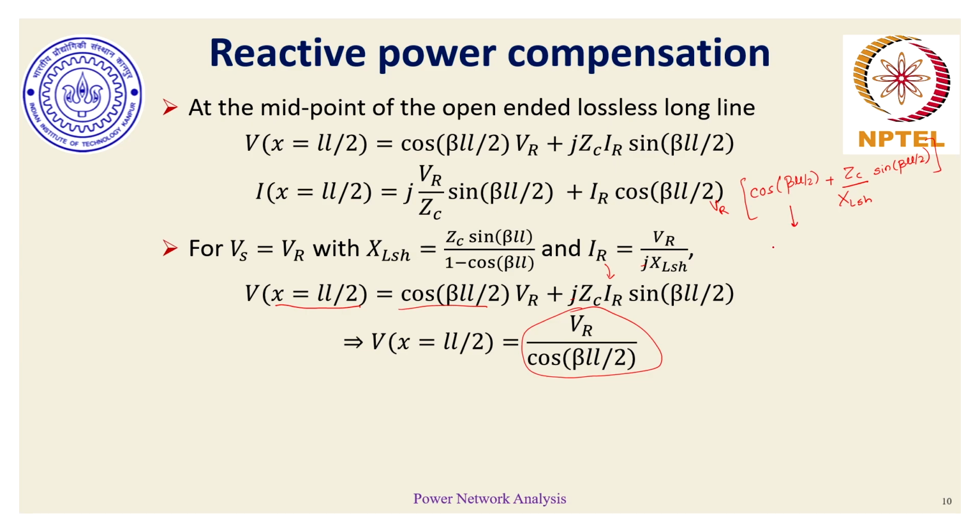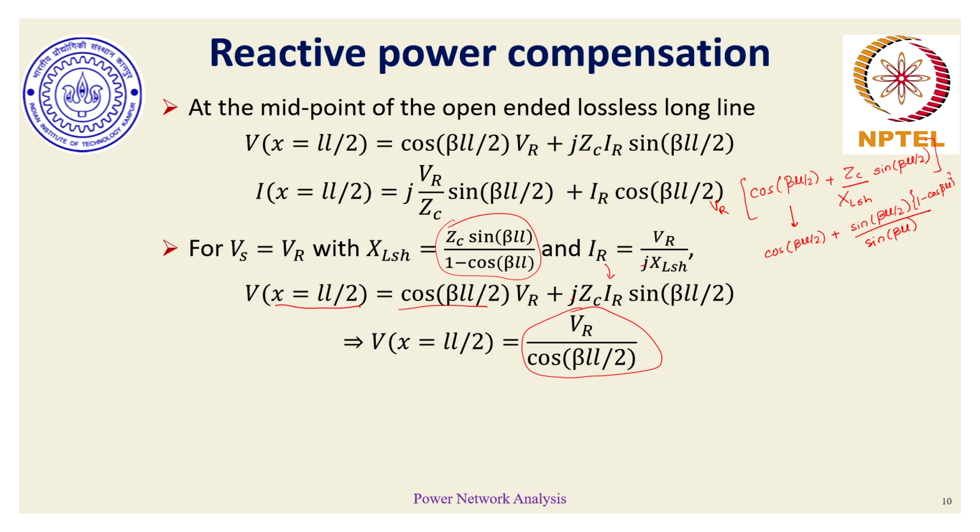In this expression, we put XLsh in terms of this substitution. So we get cos of beta LL by 2 plus sine of beta LL by 2 divided by sine of beta LL, multiplied by the XLsh term, which gives 1 minus cos of beta LL.